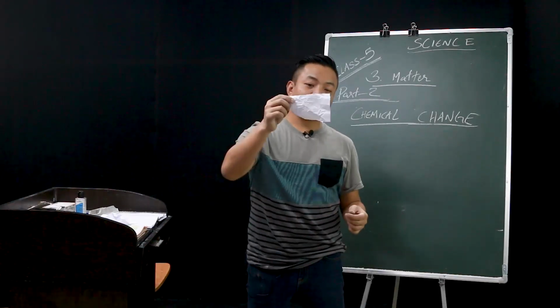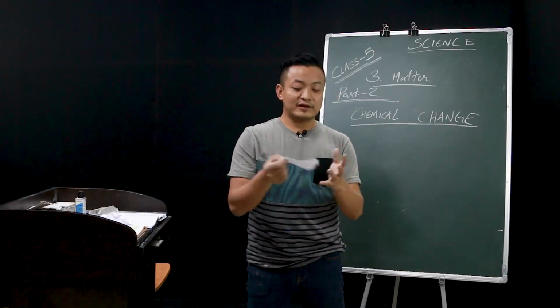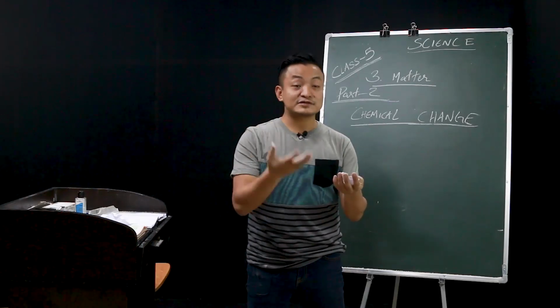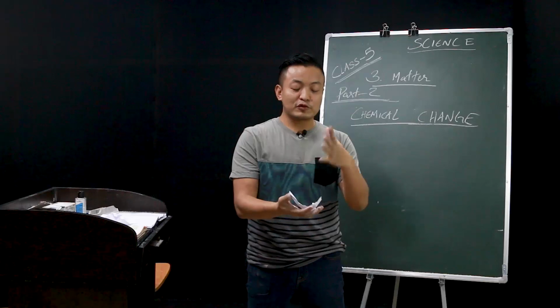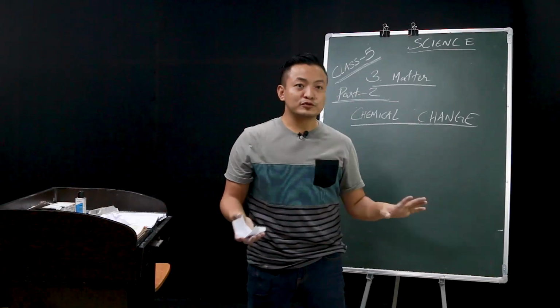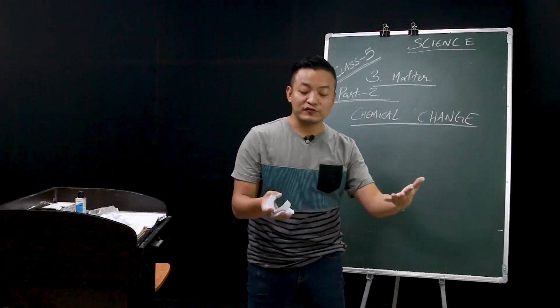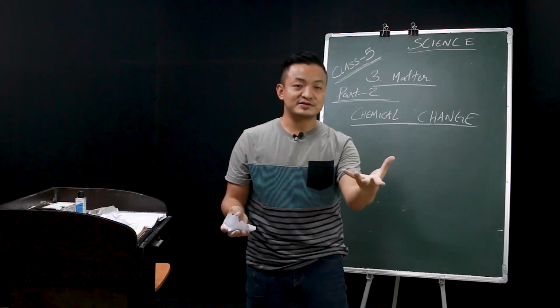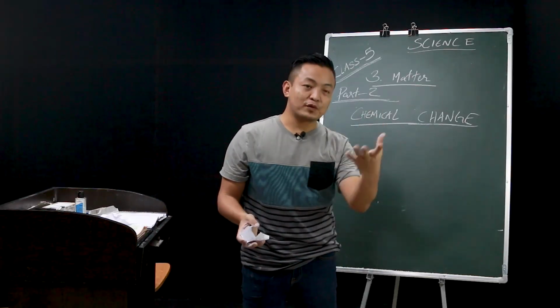So if I burn this paper, it will turn into a white powdery thing, and you will not get a paper anymore, right? It has been converted to a white powdery substance. So that's an example of a new substance, new property.